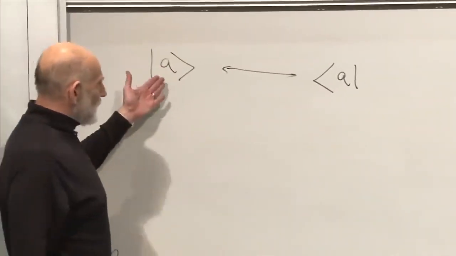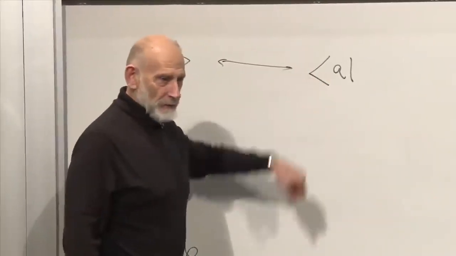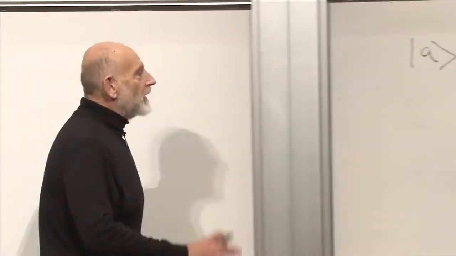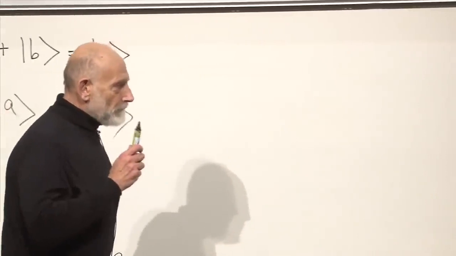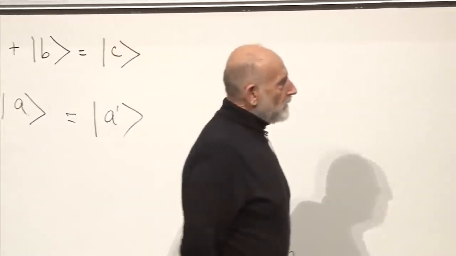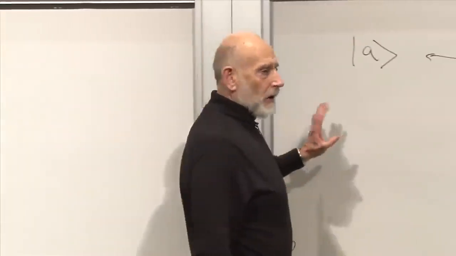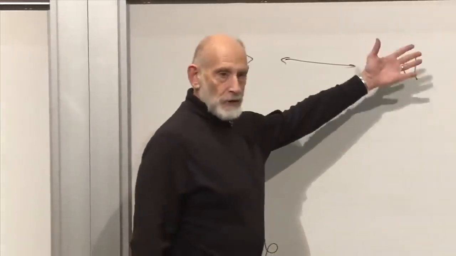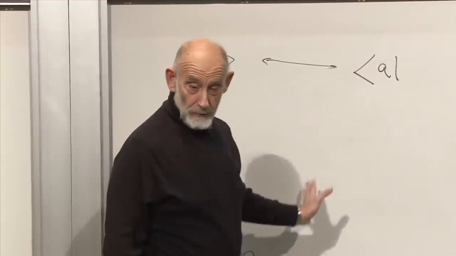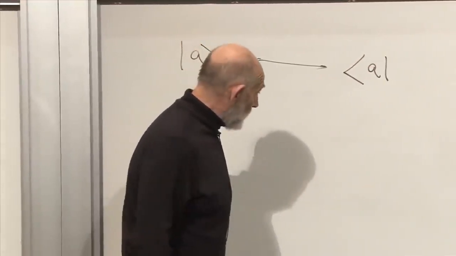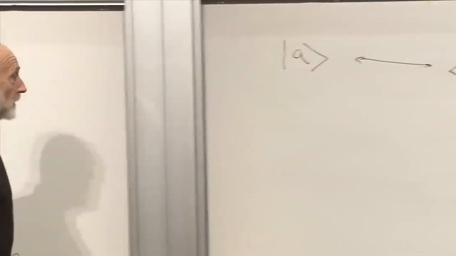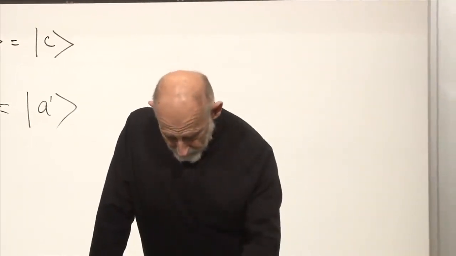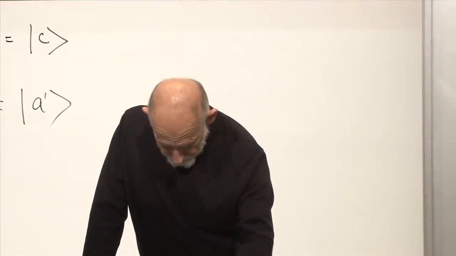We'll learn to call these bra vectors and these ket vectors, but for the moment, they're just symbols. An example: if the vector space is just the space of complex numbers, then the dual vector space is just the space of complex conjugates of those numbers. So there's a one-to-one correspondence between vectors and their complex conjugates.